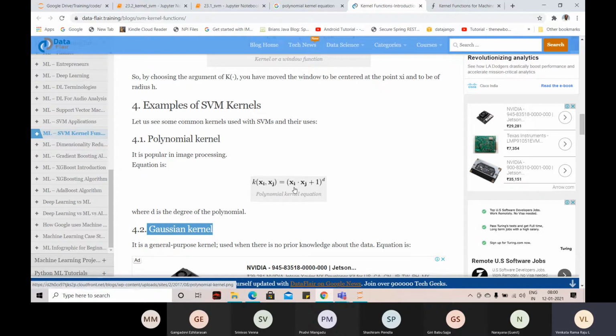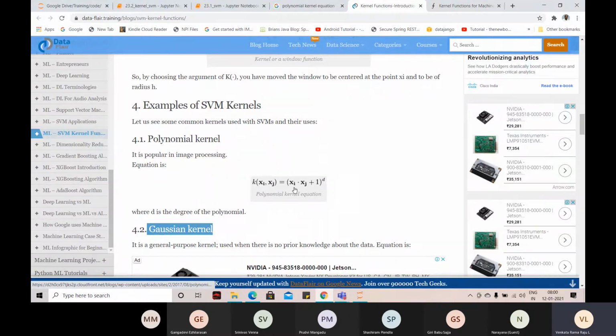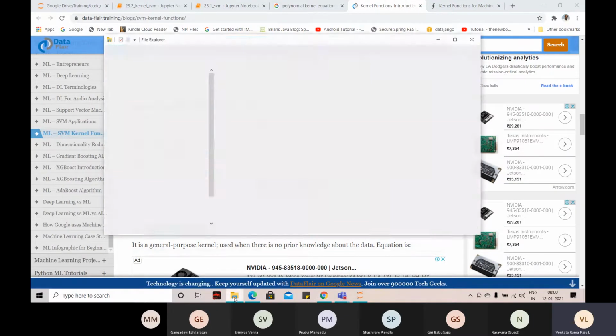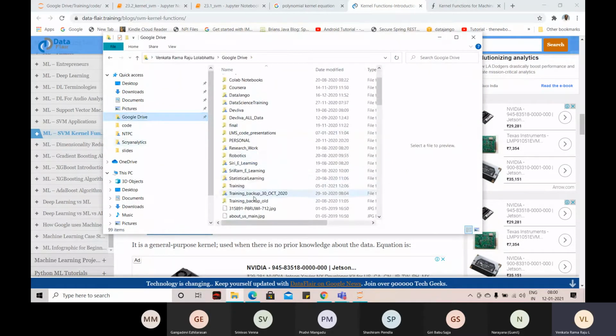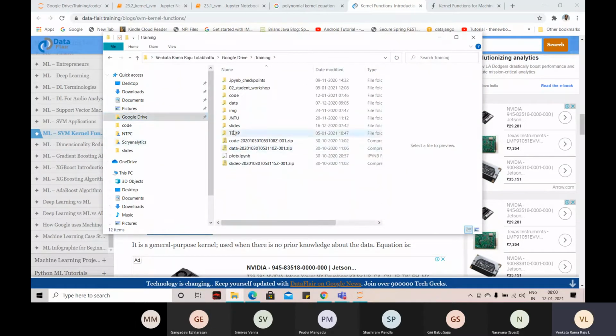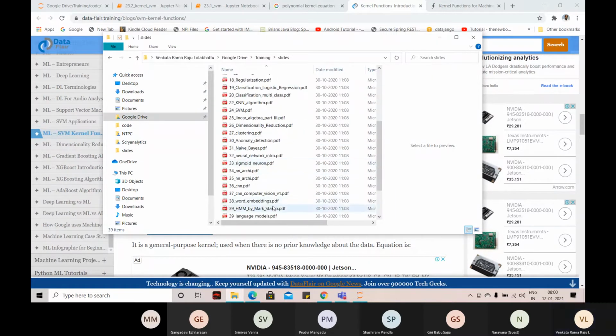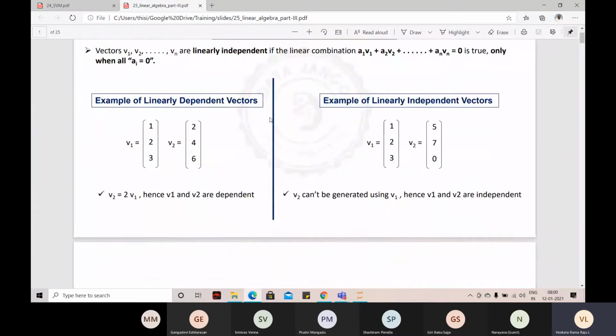It is called vector multiplication. We will see that after finishing this, in linear algebra, which is the next topic.